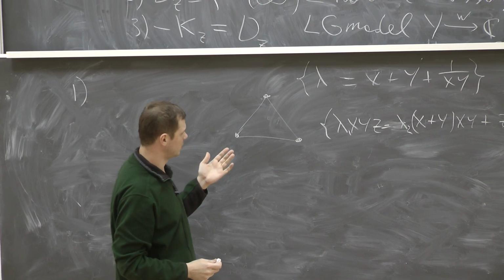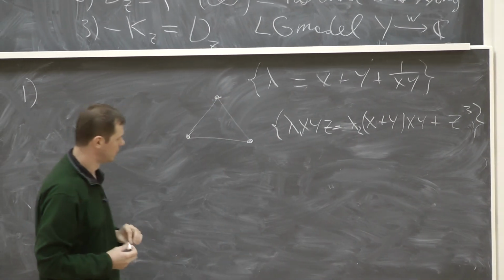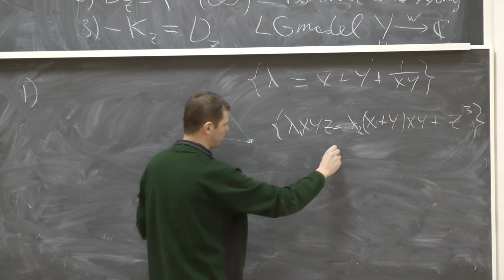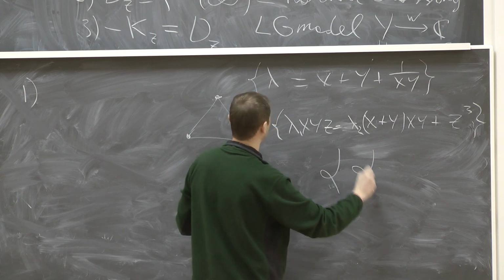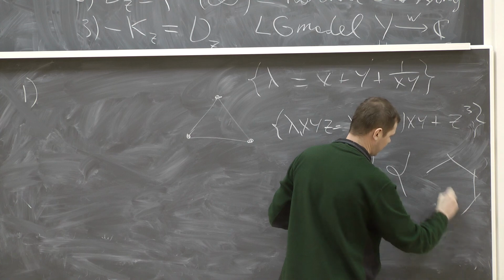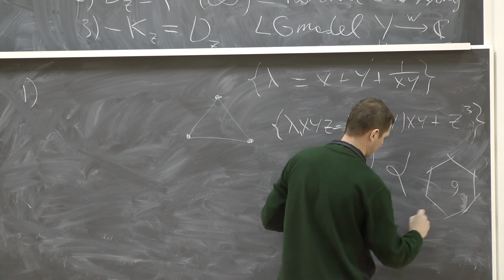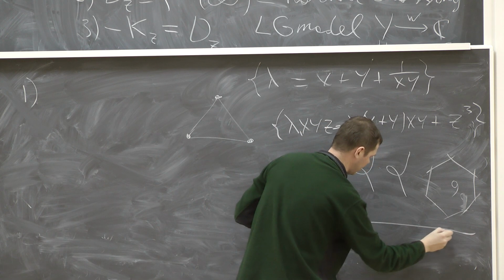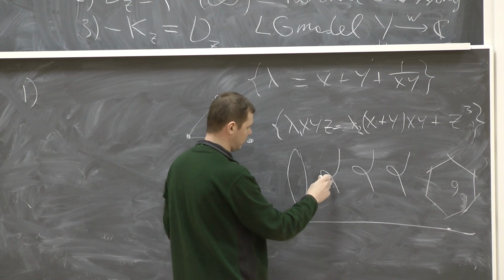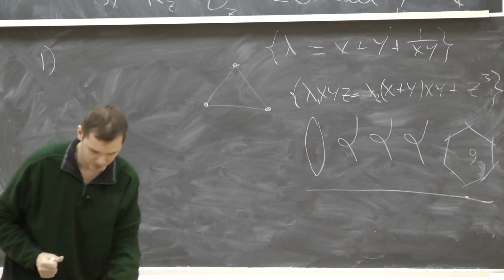Or we can consider it just as a family of elliptic curves and blow up the base locus of them. And we get the usual picture of the Landau-Ginzburg model for P2, compactified, which is a wheel of 9 rational curves over infinity. The generic fiber is a smooth elliptic curve, and 3 fibers have ordinary double points.